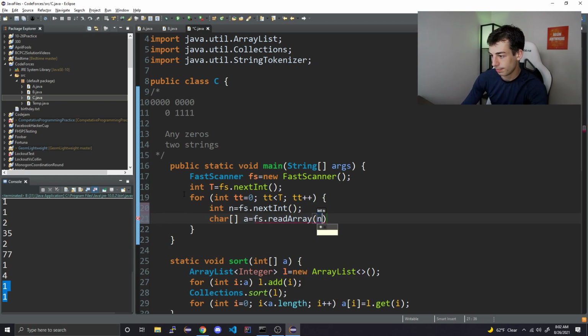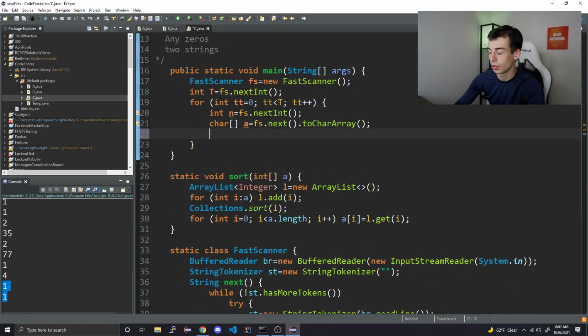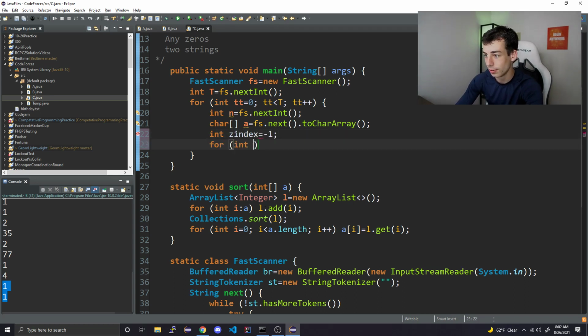So we'll just read in the array. Okay, so then for, I guess, index is -1.